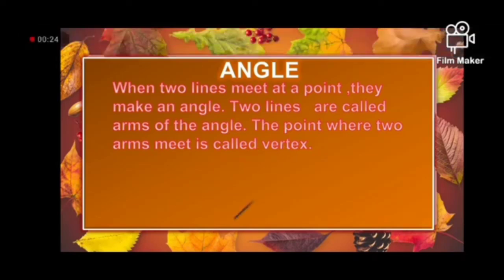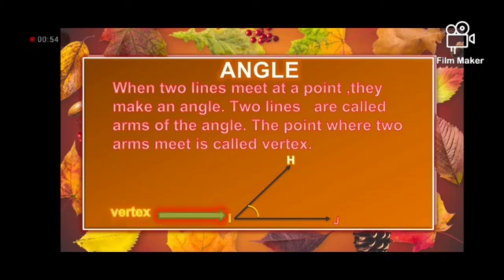For example, you can see this is one line and the second line. When they meet at a point, they make an angle. The two lines are called the arms of angle. These are the arms of angle. And the point where these two lines meet is called vertex.